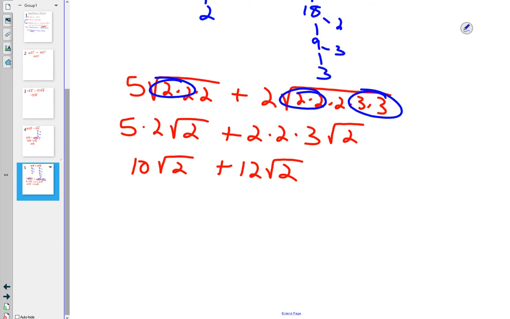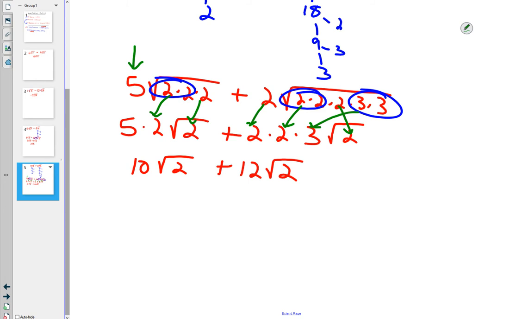Okay, well, I already have a 5 on the outside, and for every pair, for every pareja, you can bring it out once. The 2 that's left over stays inside. Here, I already had a 2 on the outside. I brought out a 2 because there was a pair. I brought out a 3. The 2 stayed on the inside. So once you figure out who's coming and who's going, you multiply.